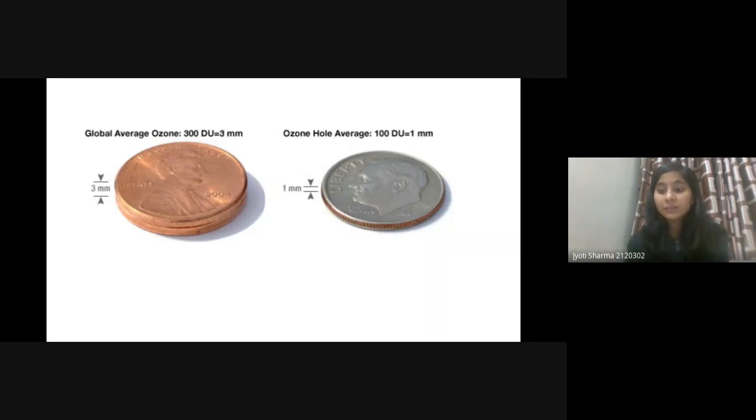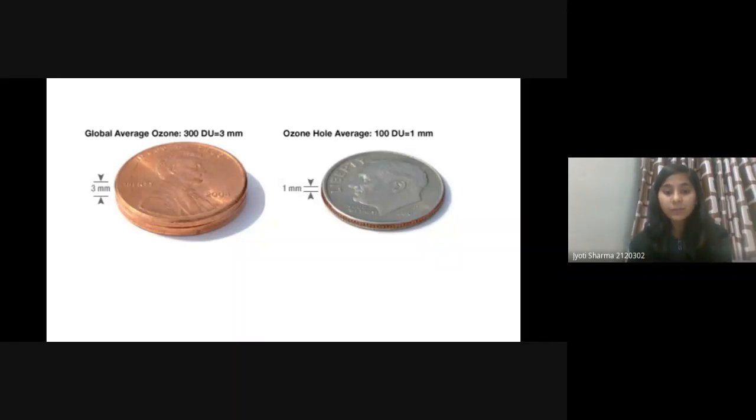But this is that much important that we have to stop the use of so many ozone depleting substances, because we will talk about it. We have different types of ultraviolet radiation, and the impact of ultraviolet radiation on human skin and human DNA is very, very serious.